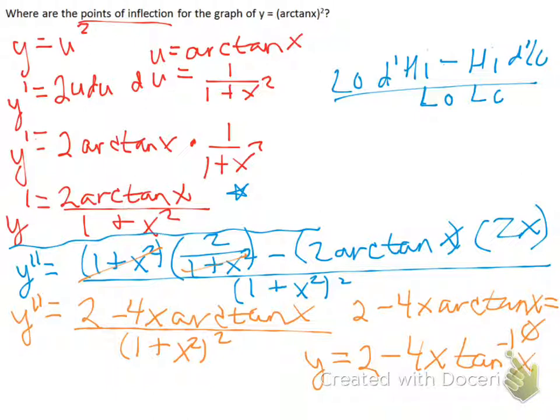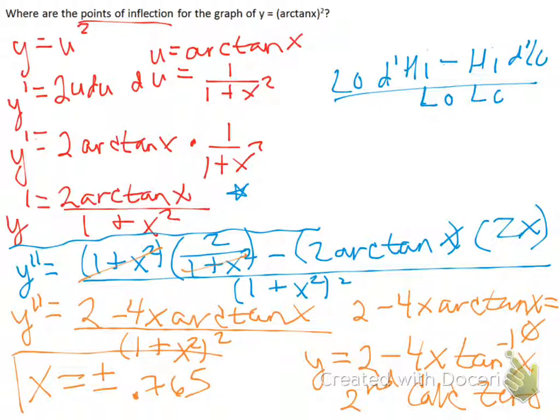And then use the second calc and zero function that we use in the classroom to find out where the zeros are. Once you do that, you will see very simply from the graph that x will equal plus or minus 0.765. And that is the answer.